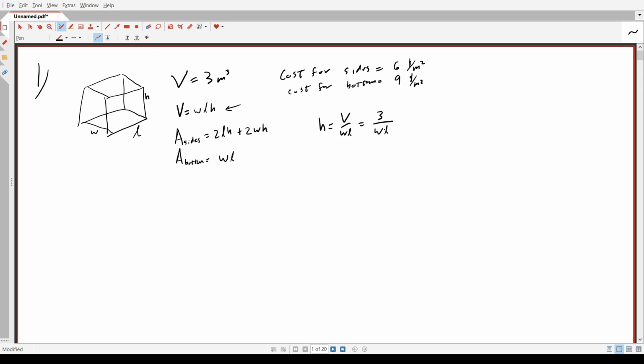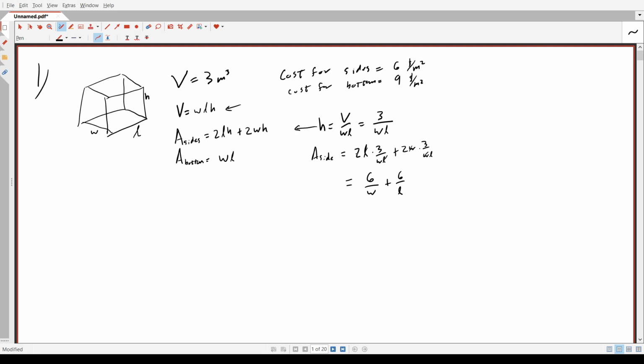So with H being 3 over WL, I can plug that in to here, and I have area of the sides is going to be 2L times 3 over WL plus 2W times 3 over WL. The L's cancel, W's cancel, and I get 6 over W plus 6 over L.